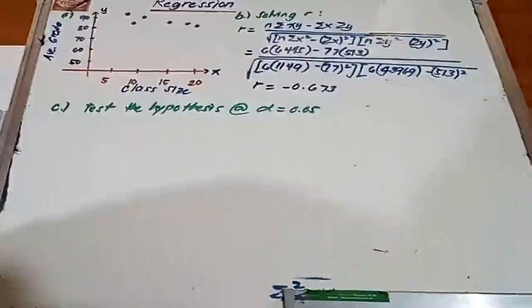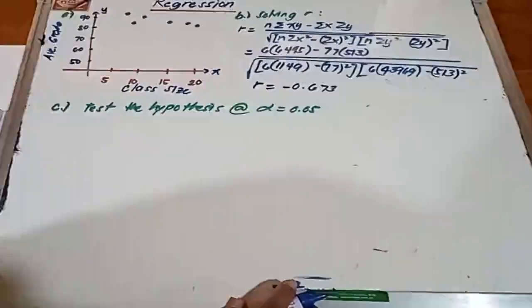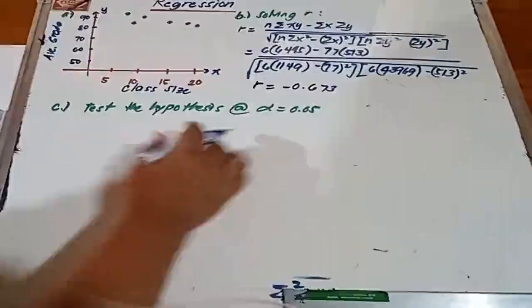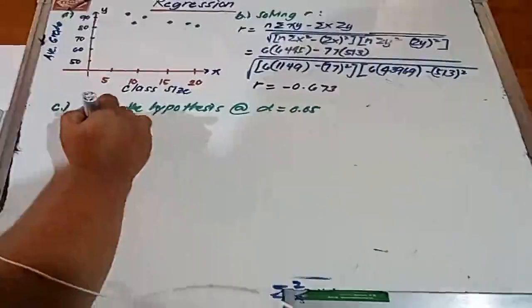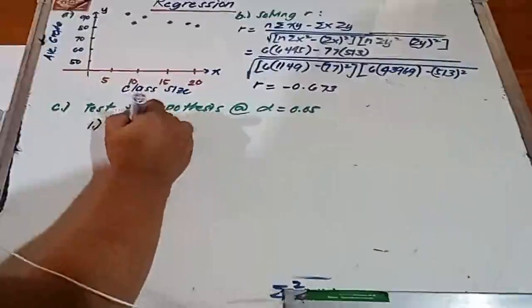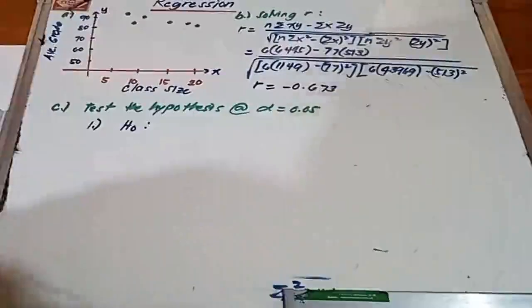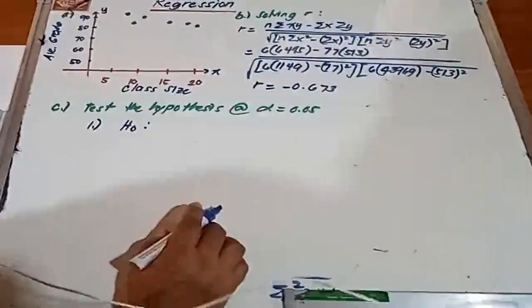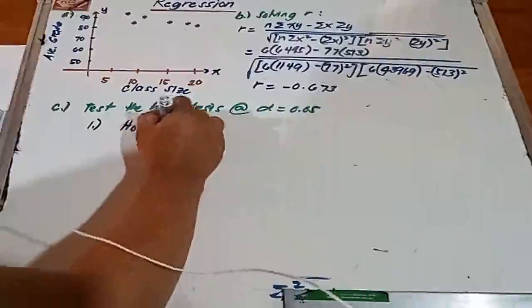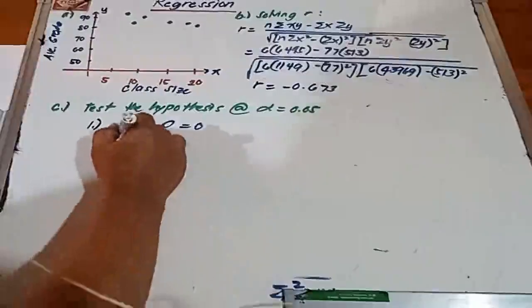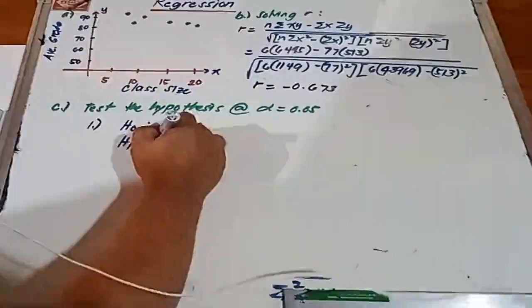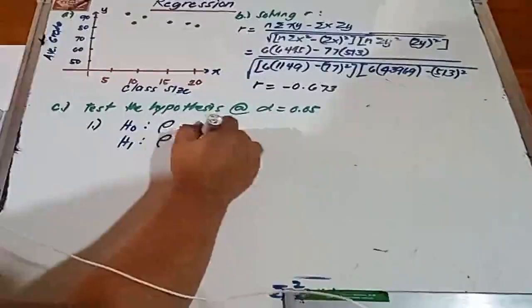So, itest natin yung hypothesis natin base dun sa na-compute nating correlation coefficient, kung significant ang kanilang relationship at alpha equals 0.05. So, our first step is identify natin o write down natin yung ating hypothesis. Null is rho equal to 0, which means no significant relationship. Alternative is there is a significant relationship.